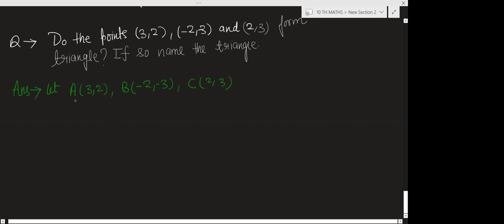What you will do first is find the distance between AB, with y2 minus y1 square and x2 minus x1 square.